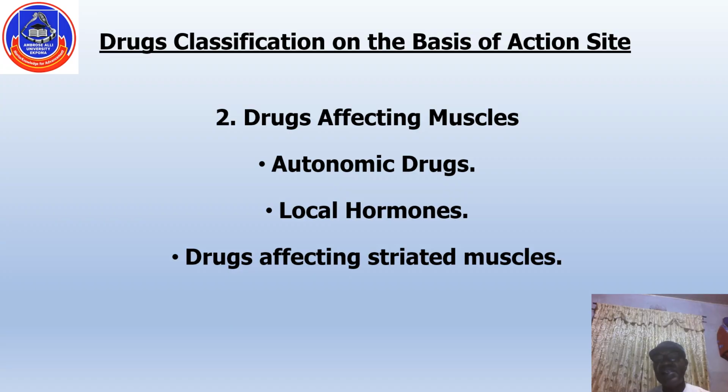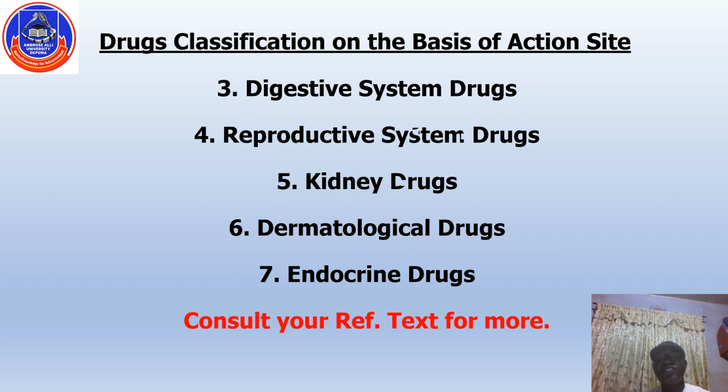We have the striated and the smooth. Number 3, we have the digestive system drugs. 4, we have the reproductive system drugs. 5, kidney drugs, dermatological drugs, and endocrine drugs. You can consult your reference text for more.